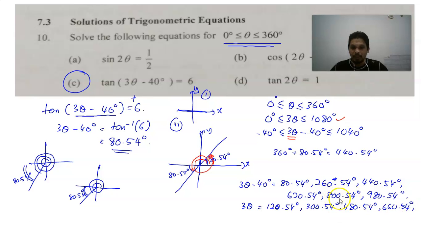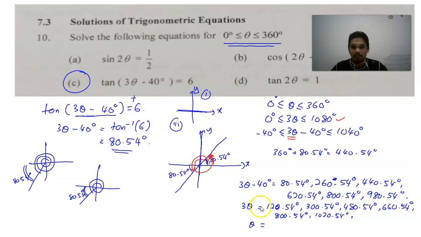And then 800 plus with 40, 800.54 degree. And finally 980 plus with 40, 1020.54 degree.